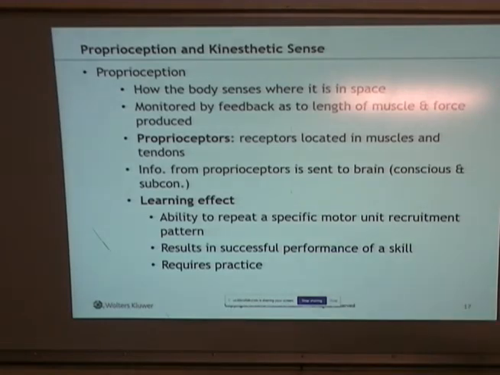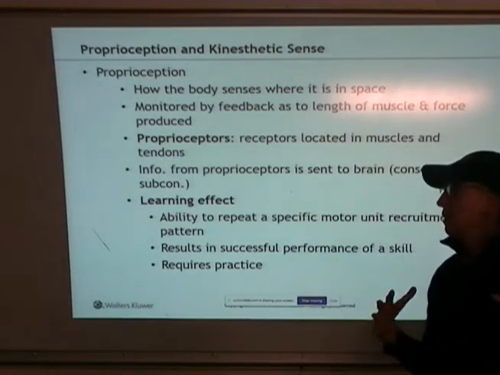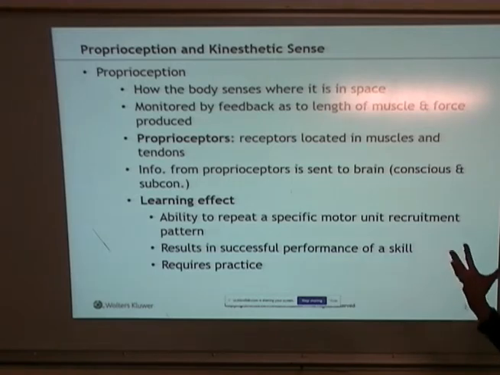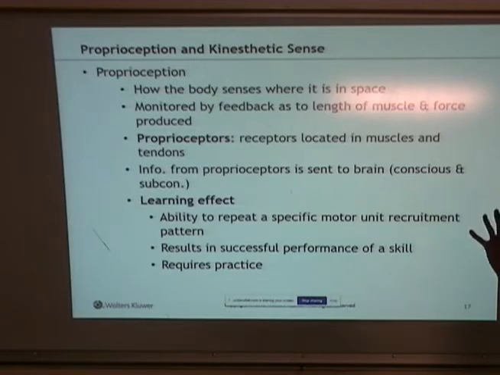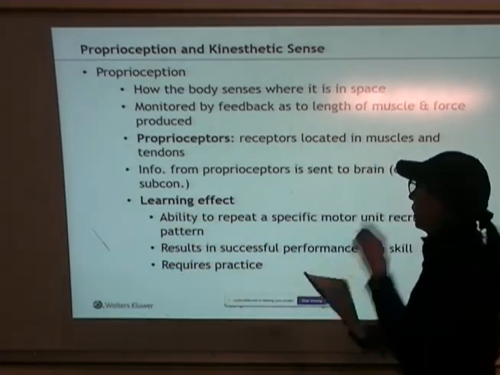So the brain and the central nervous system rely on sensory information from proprioceptors, right? And proprioception and kinesthetic awareness are terms that are used to explain or to represent how the body understands where it is in space or in relation to another object, right?